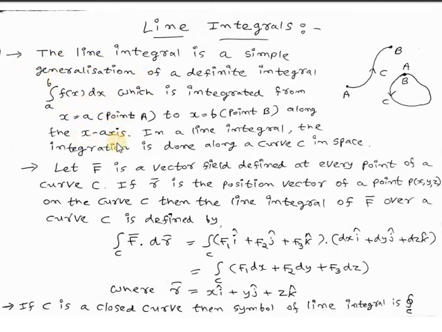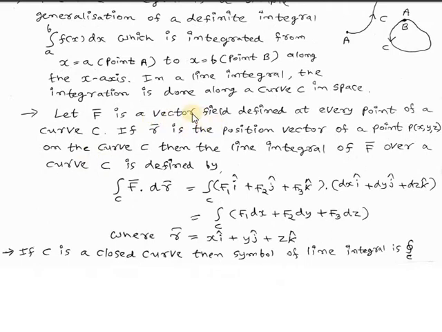Now let us suppose f bar is a vector field defined at every point of a curve C, and r bar is the position vector of a point P on the curve C. Then the line integral of f bar over the curve C is defined by integration of f bar dot dr bar over the curve C. Clear?